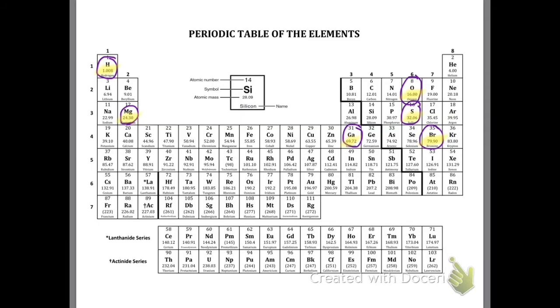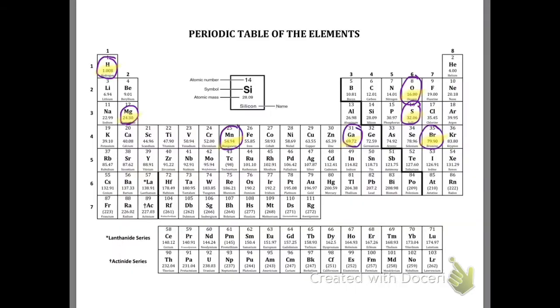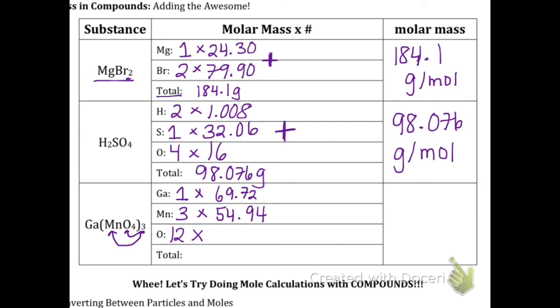Be careful about Mn and other M stuff. But manganese is here, 54.94. And then oxygen, we already looked it up, but just in case you forgot, it's here, 16.